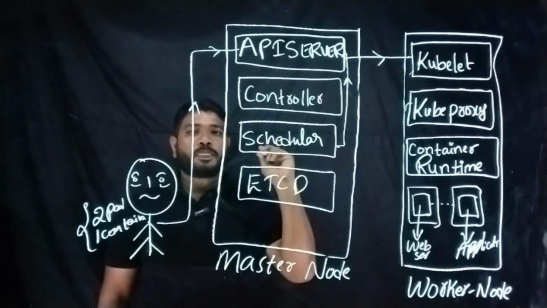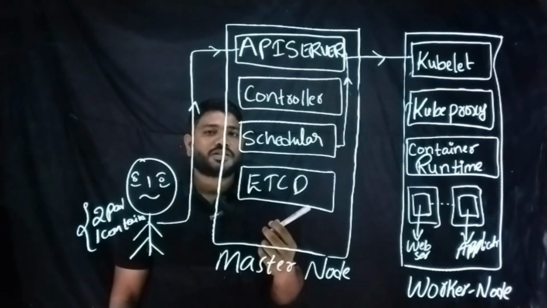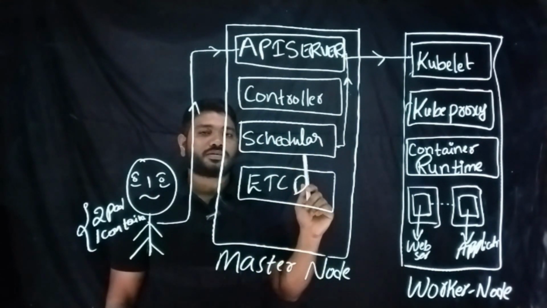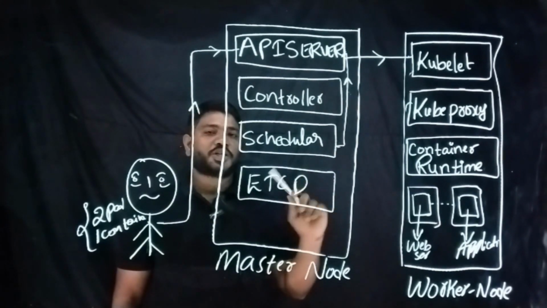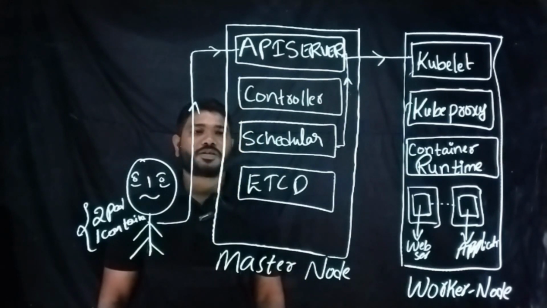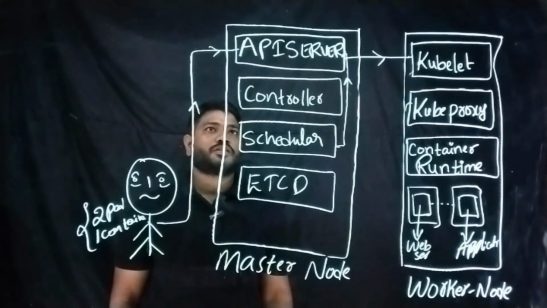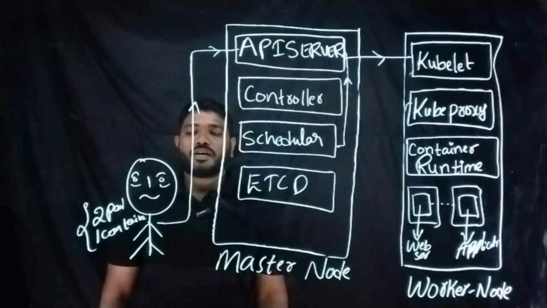From the services, we have ClusterIP, NodePort, and LoadBalancer. So if you want to make communication between the user and the pod, by using kube-proxy you can enable that service.